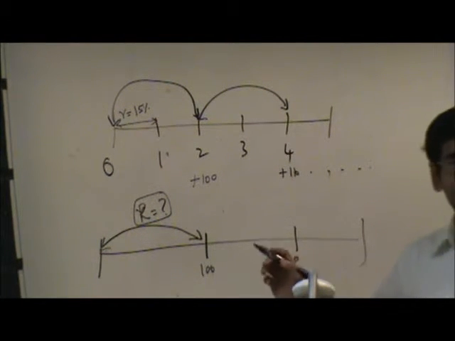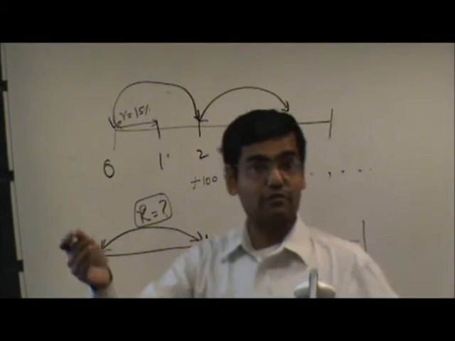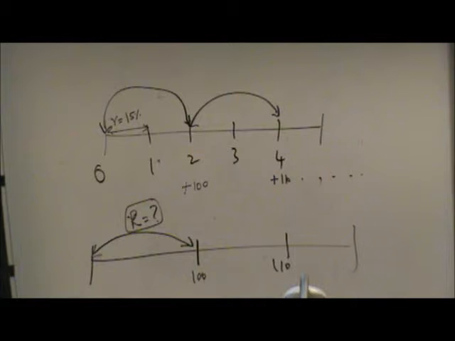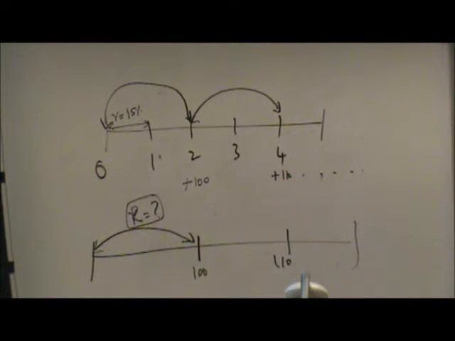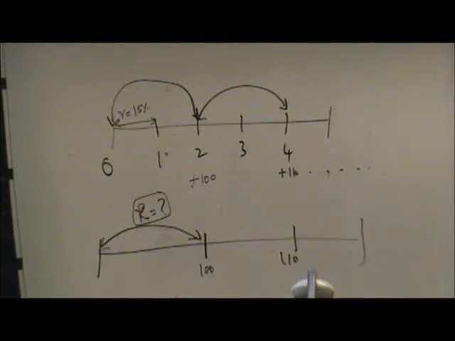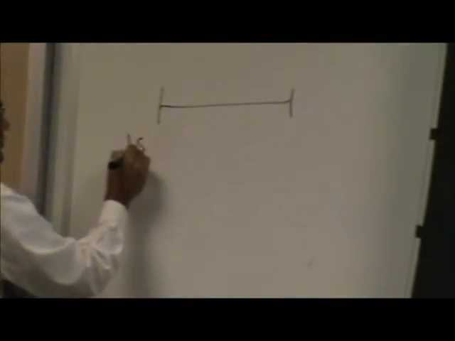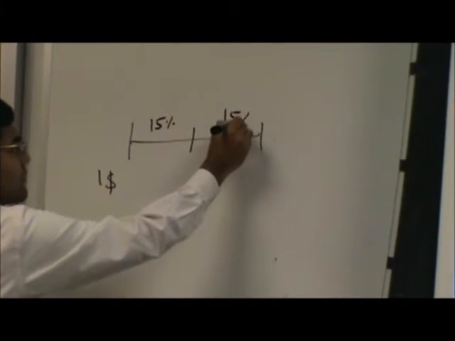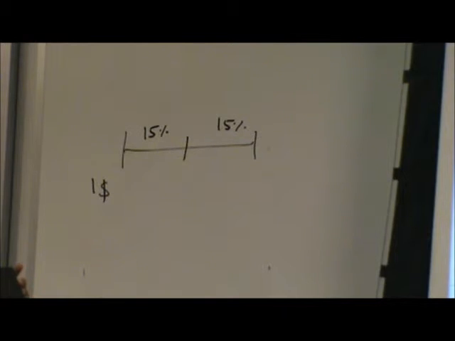The logic that you use is exactly the same that you use for figuring out for frequencies less than one year, right? So the question you have to ask is, supposing I start with $1, 15% is the interest every period.